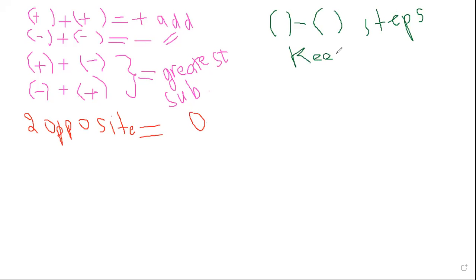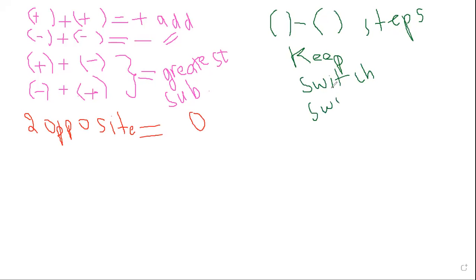Keep, switch. Bravo. We keep the first number as it is. We switch the minus here. We always make it a plus. And we switch the sign of the second number. If the second number was positive, we make it negative. If the second number was negative, we make it positive.